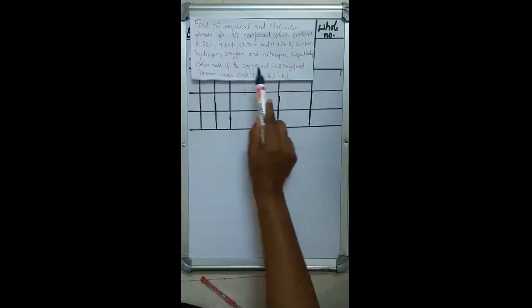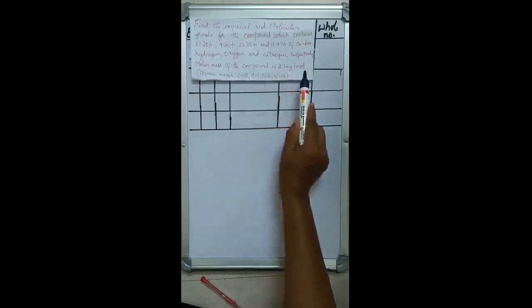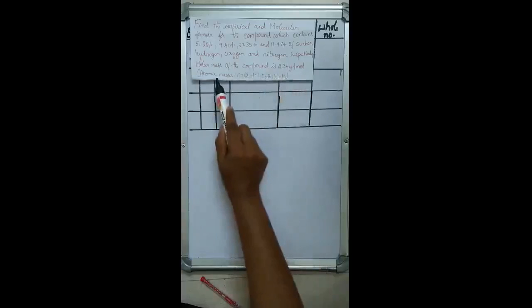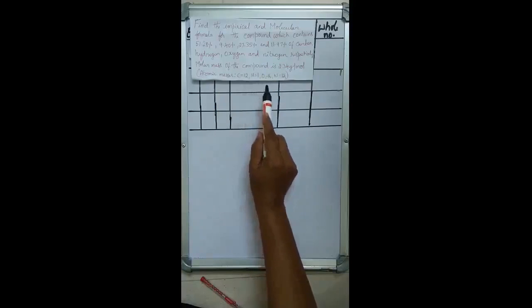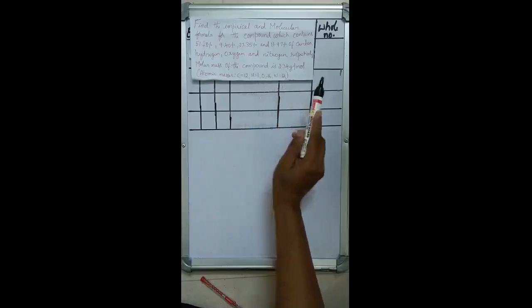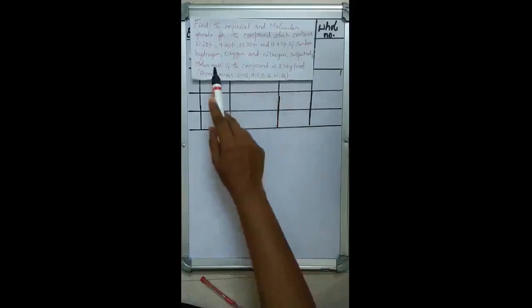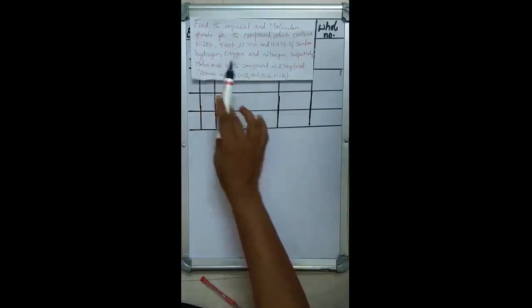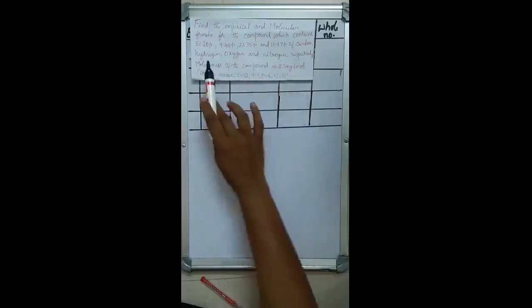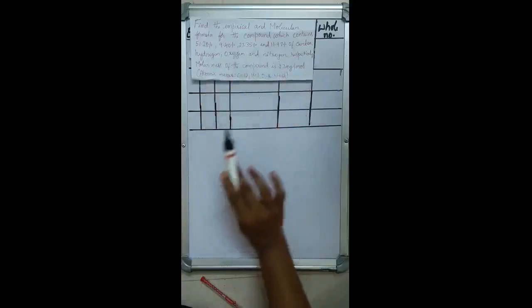The molar mass of the compound is 234 gram per mole, and atomic masses of these elements are given: carbon is 12, hydrogen is 1, oxygen is 16, nitrogen is 14. You can see the question properly. The percentages of carbon, hydrogen, oxygen and nitrogen are given.